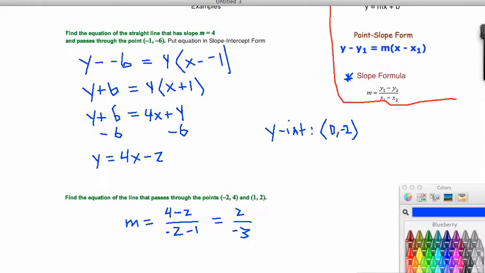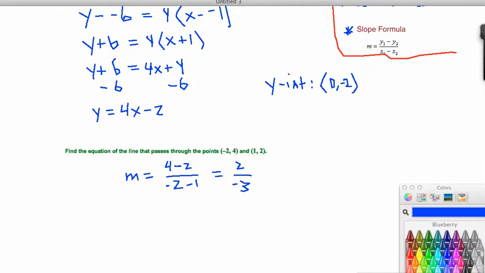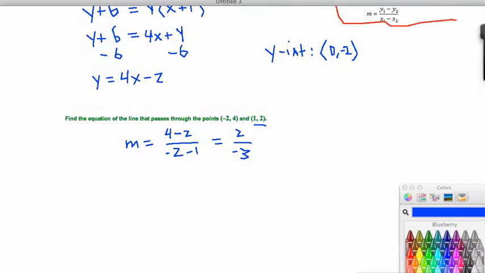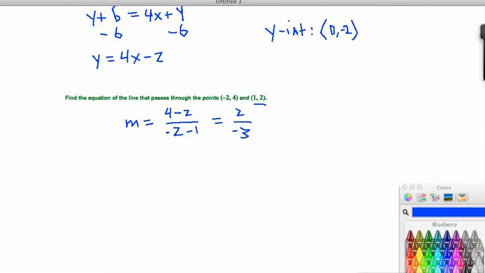Then we're going to do it the same way that we did this first one. We can actually pick which point we want to use. I would probably pick the one with smaller numbers, less negatives, whatever you want. So we're going to have y minus the y value of the point equals this slope times x minus the x value of the point.